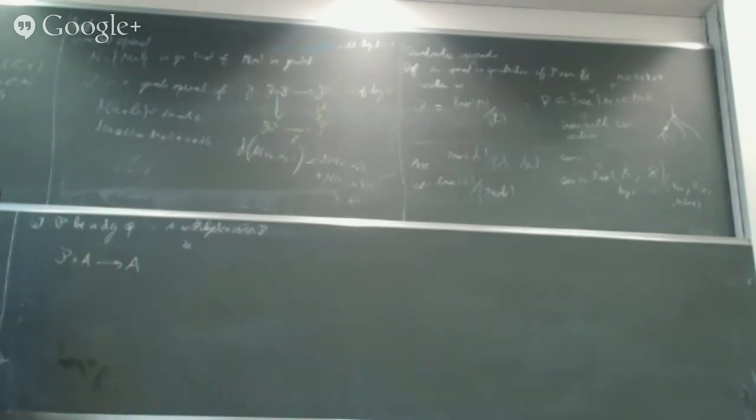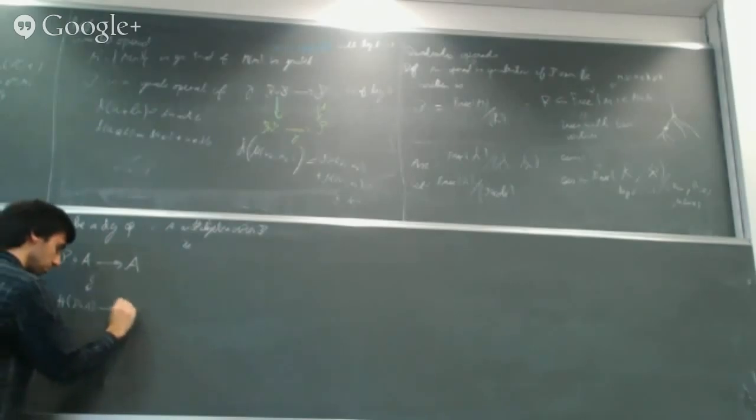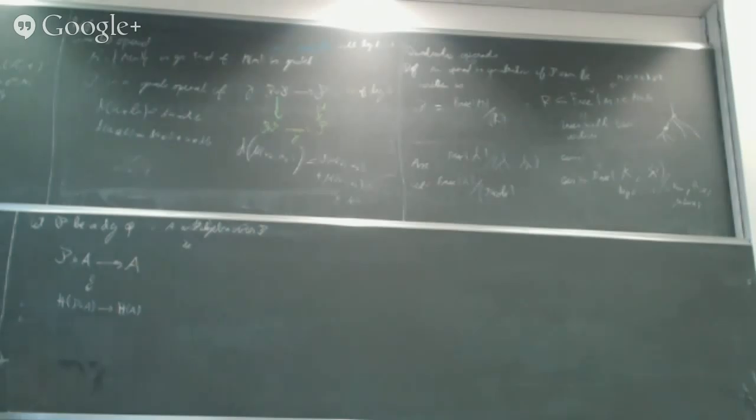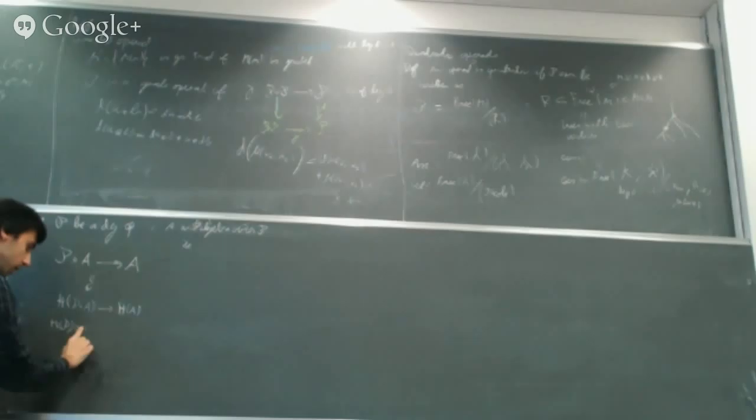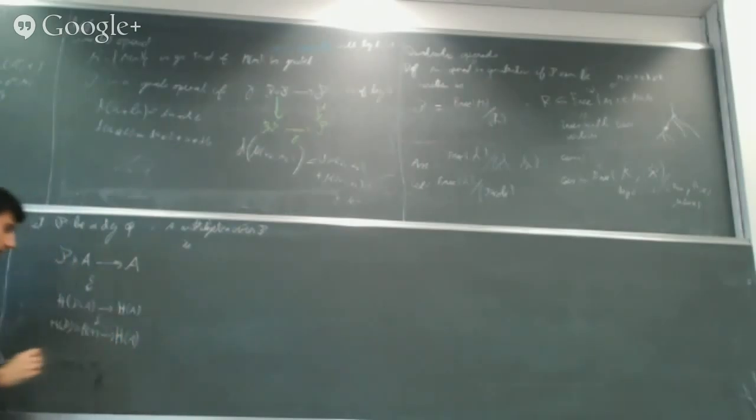So this induces some map at the homology level. These are a bunch of tensor products, and tensoring is an exact functor. It commutes with homology. It turns out that this gives us a map from this to this.